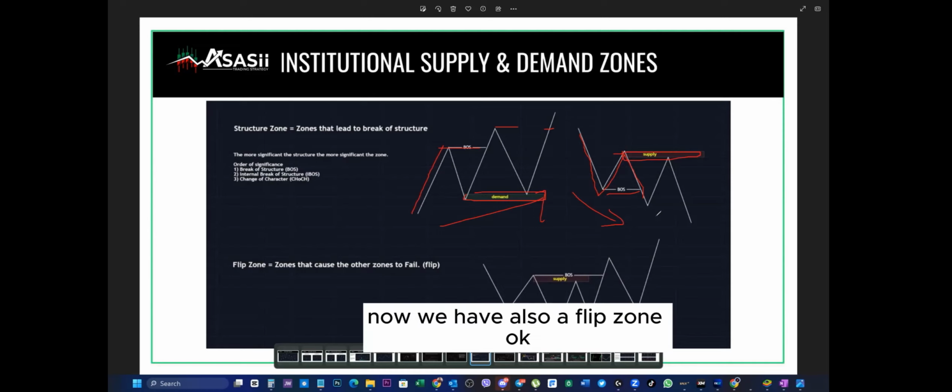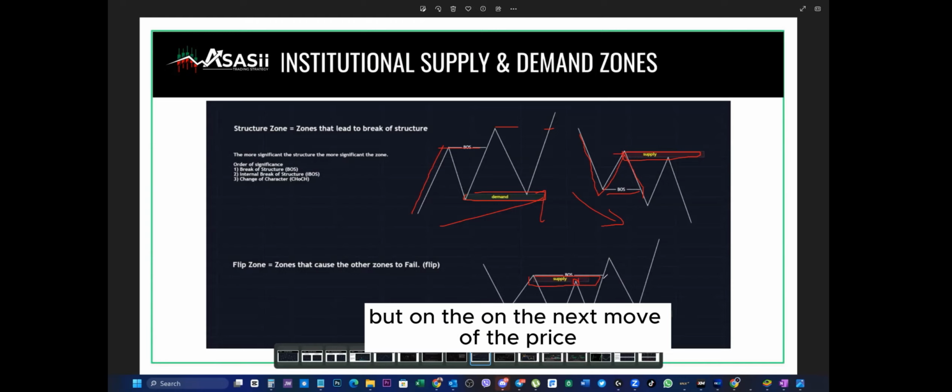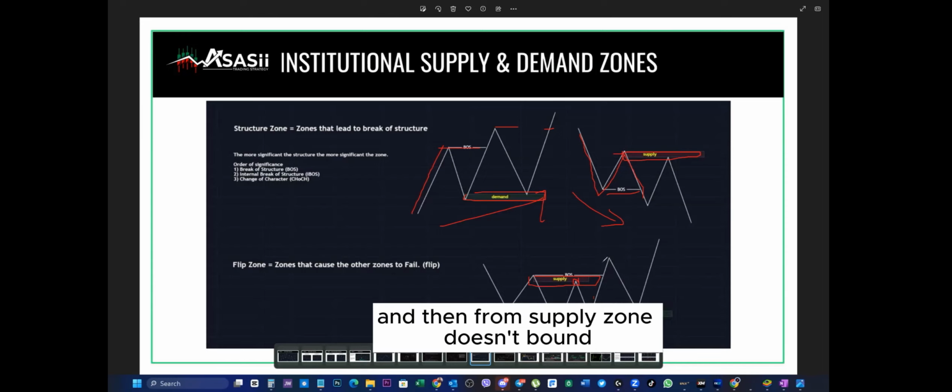Now, we also have a flip zone. Okay. This is a supply zone, and yes, the price bounced here, but on the next move of the price, it no longer bounced.